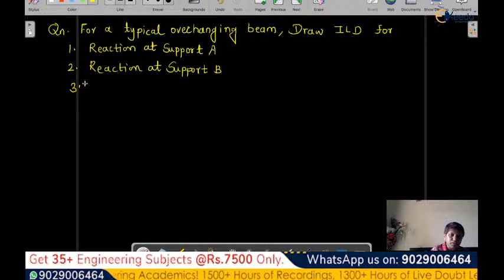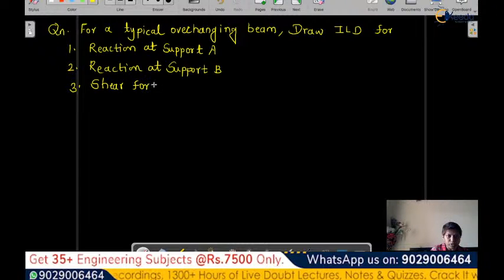Then third, there will be a point D on the beam that I'll show in the diagram now. So we have to find shear force. We have to draw influence line diagram for everything I'm writing.